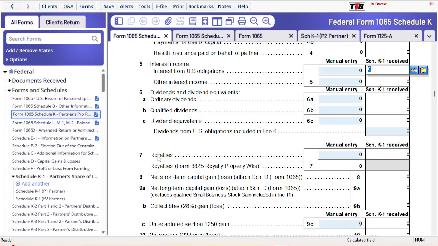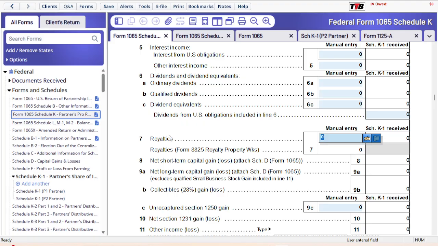So a royalty, if your business is earning royalty income, will go on Schedule K, depending on if it's related to passive income. You'll put the royalty income there, and if it's royalty related to rental properties, it'll go elsewhere instead.